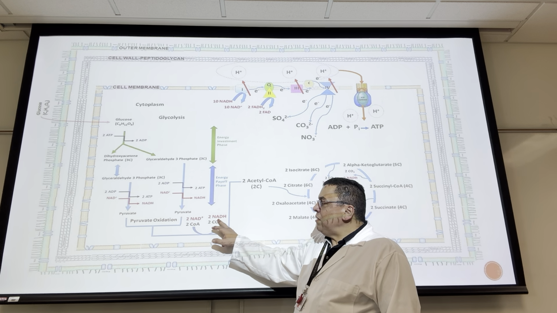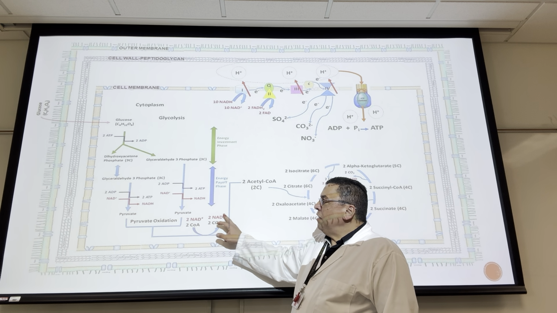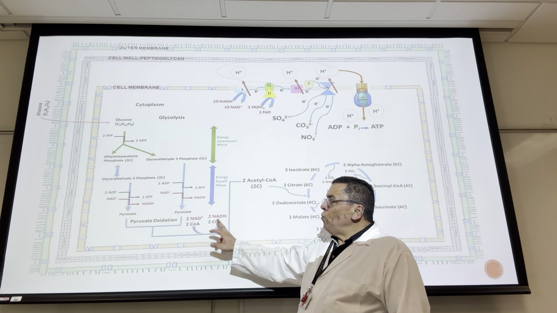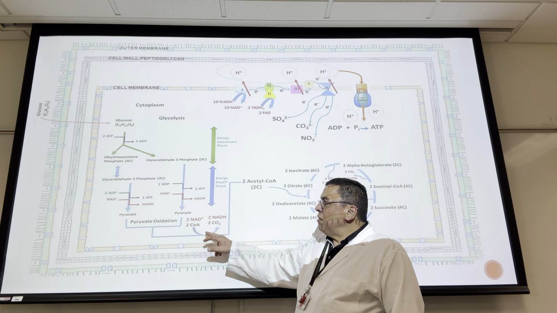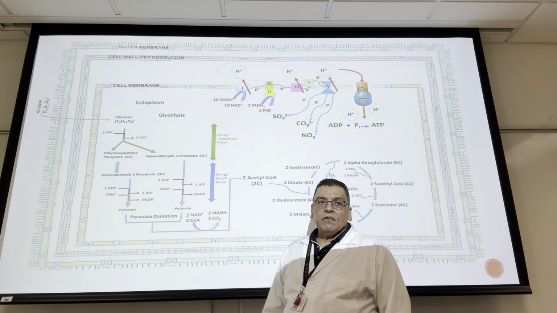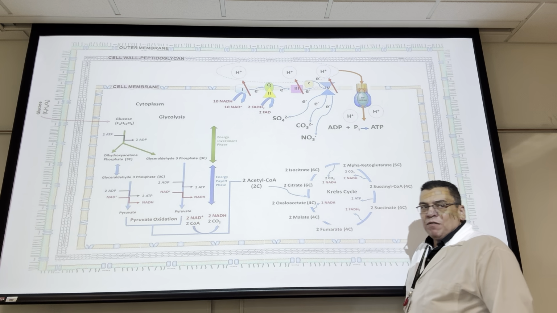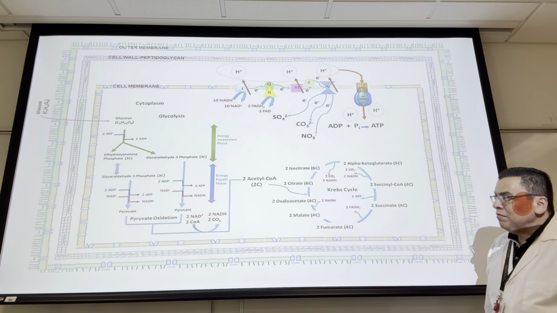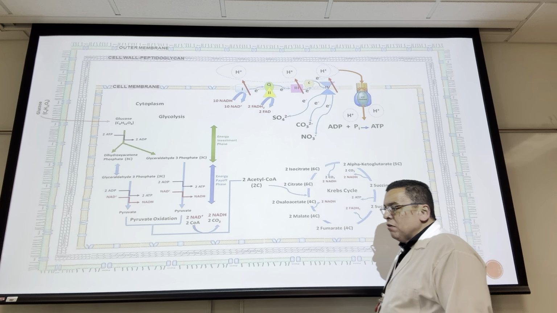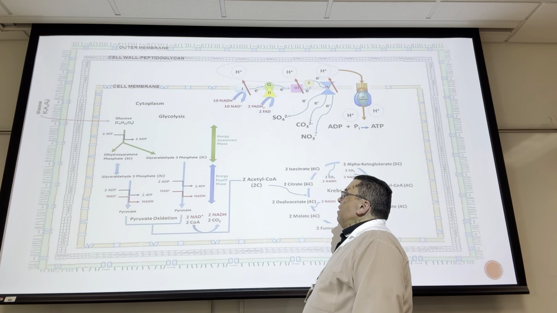And every time you lose a carbon, you make NADH. So why do we have 2 carbons? Because we have 2 pyruvates. The power of the flowchart. You gotta start working on the flowchart, no doubt about it.